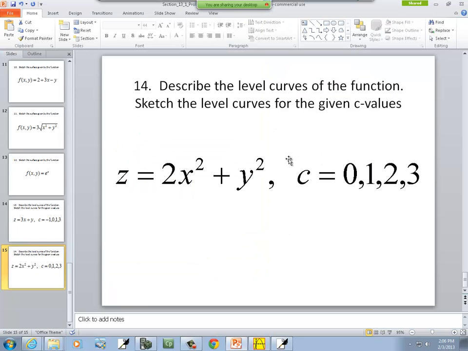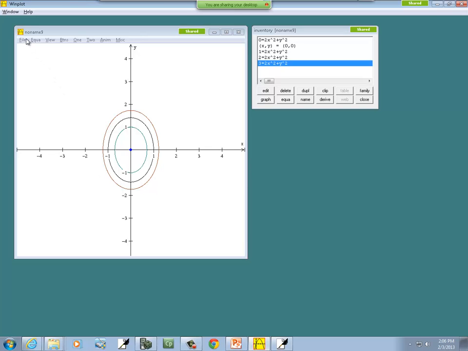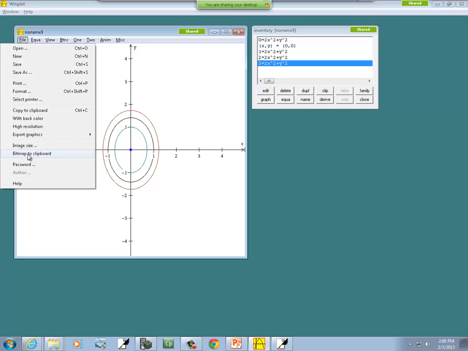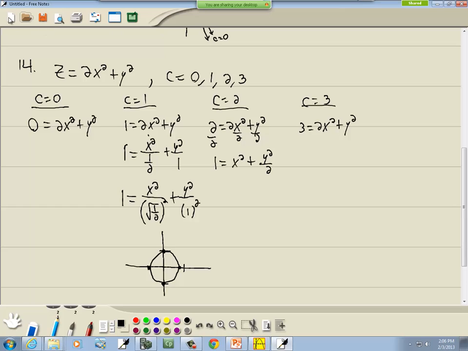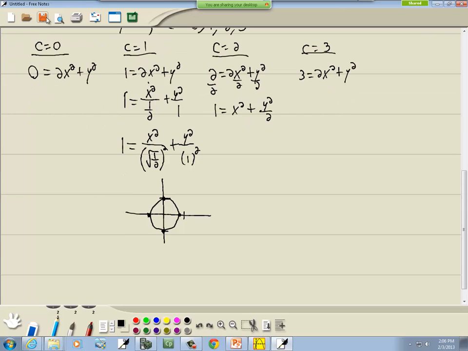Sketch of level curves. So again, you can export that. You can do a file and choose bitmap to clipboard. I wonder if I can actually paste it into here. Never have done that. I must screw up if I try to do that.